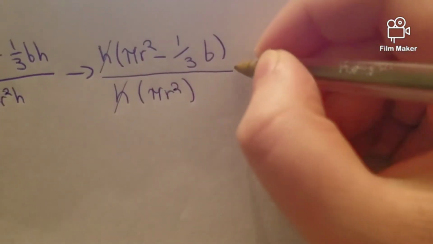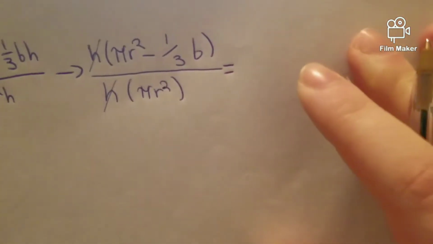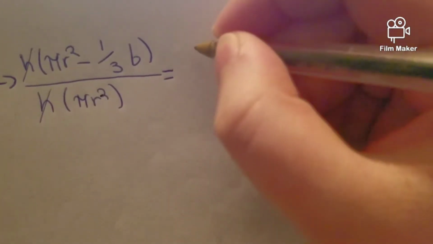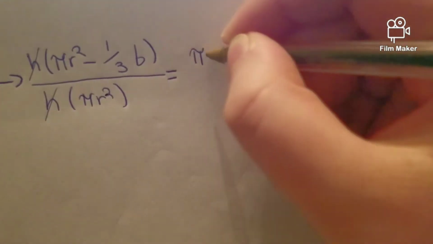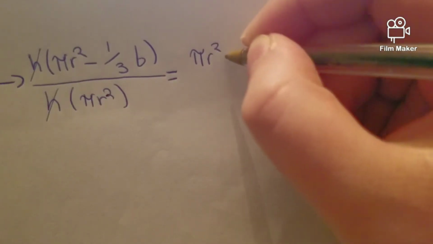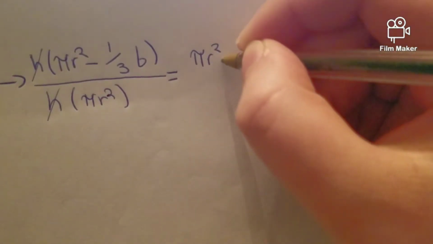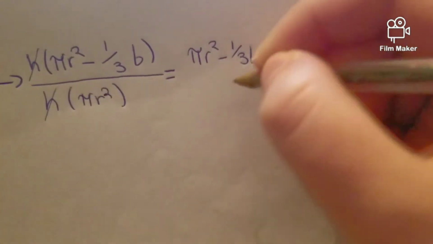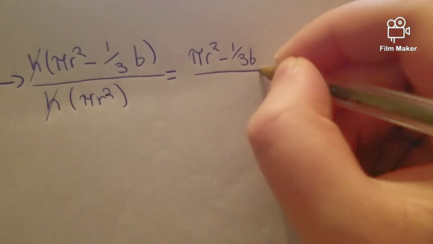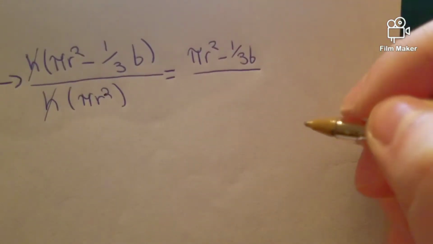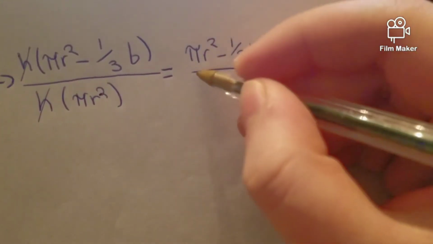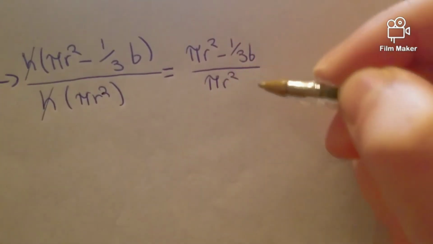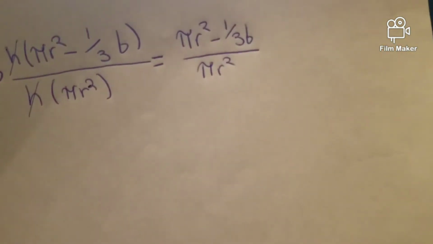So we can now simplify the h's, and now we are left with pi r squared minus 1/3 of the base, all over pi r squared.